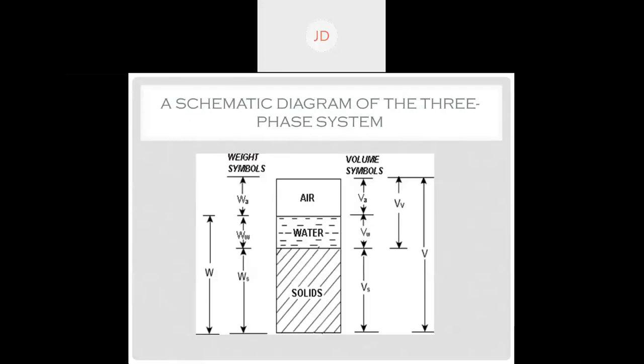I have already discussed that based on the weight symbol and the volume symbol, we can derive some relations and interrelations of a particular soil mass.